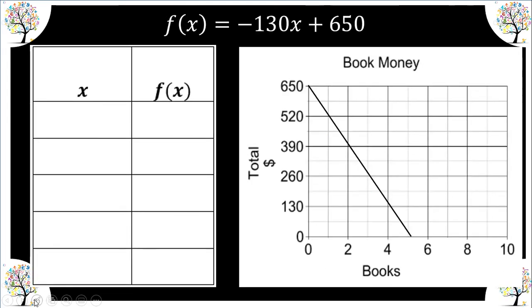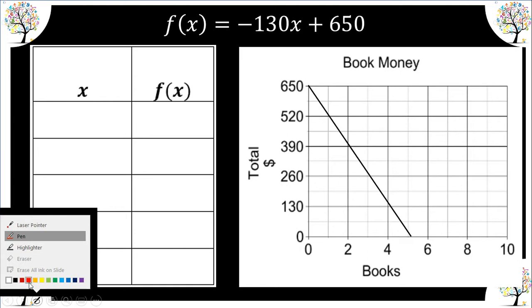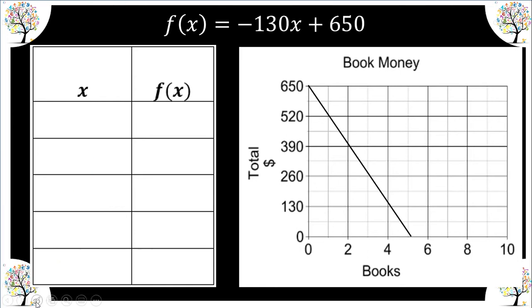Now, I want to make sure that you understand that when you are given a function table, the way we can tell if it's linear or not is if it has a constant rate of change. So x was books, and our output was money that she has. We're going to do these in order from least to greatest. So 0 books, 1, 2, 3, 4.